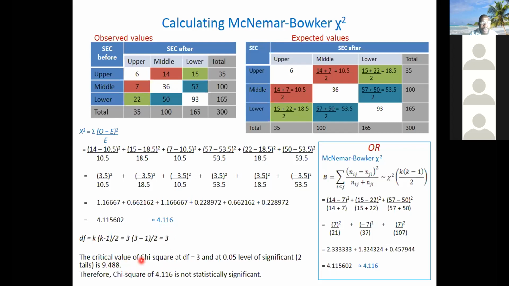The critical value for chi-square at degree of freedom of 3 at the 0.05 level of significance is 9.488. So that shows that there's no change in the socioeconomic status of these people before and after COVID-19. That's what it's telling you.